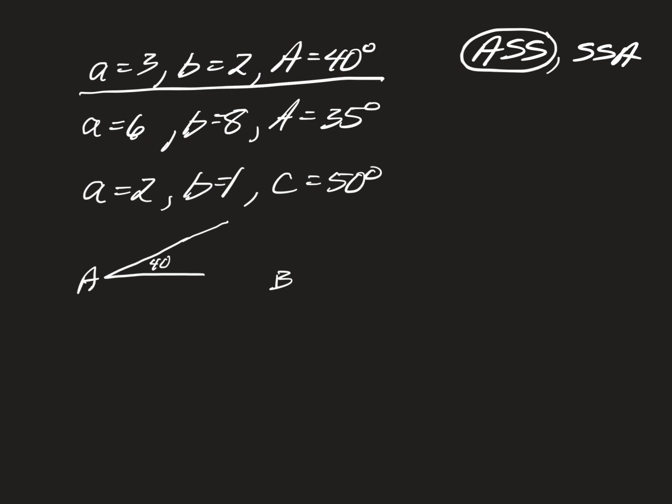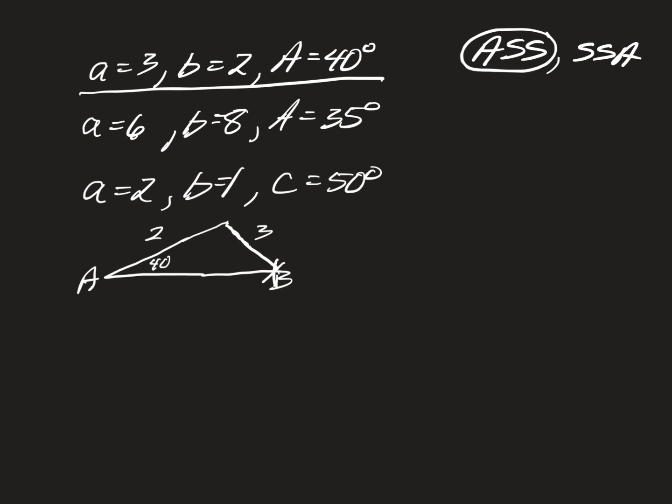And so side B is going to be 2, and side A is going to be 3, okay? Now, if you look at this one, with a side of 3, we're going to easily reach this side over here, and create an angle B.